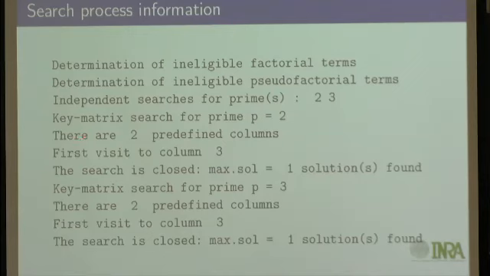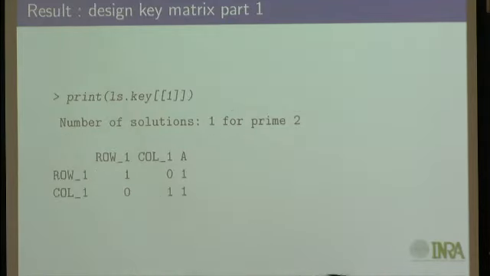So I will not go into details. Note just that there is a search for prime p equal 2 and a search for prime p equals 3. And the solution in each part are very simple here. You may confound: there are 6 rows.